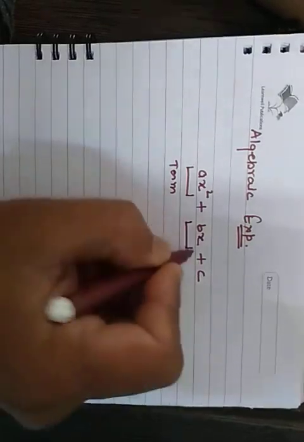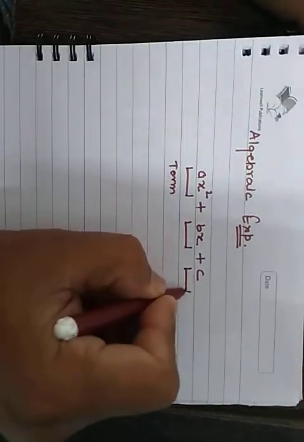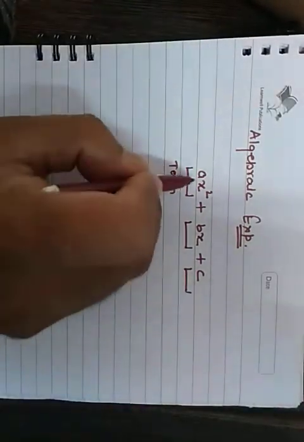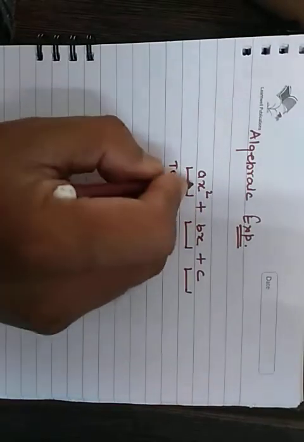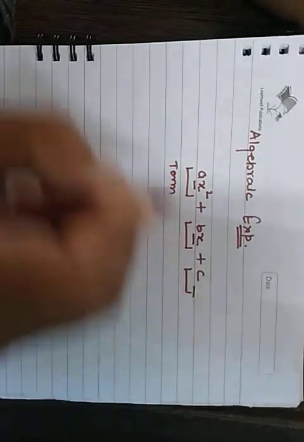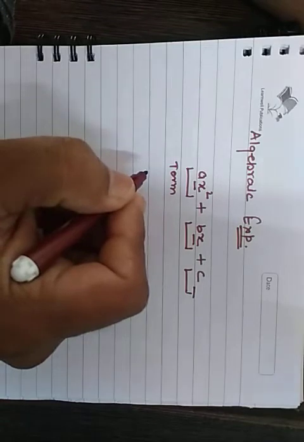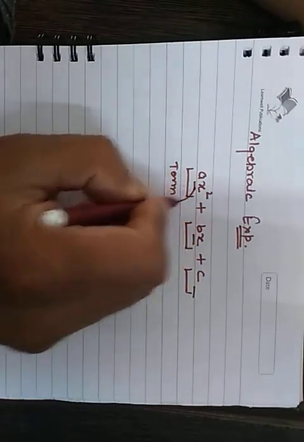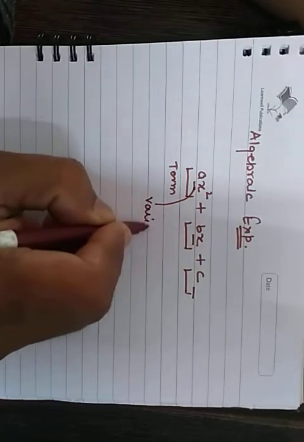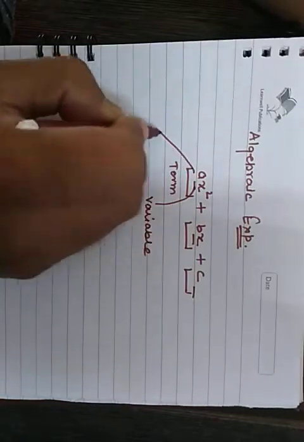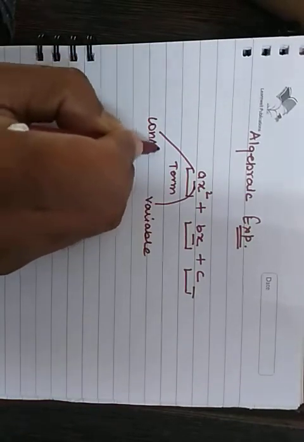This bx is another term. This c is another term, and all the terms have a variable and a constant value. Like in this term, x square is a variable and this a is a constant.